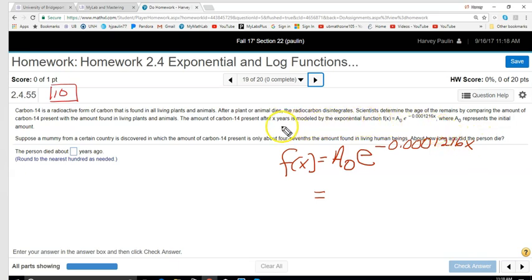So here they're saying that after a certain number of years, it was 4/7 of what was originally there. And then we have this formula. A sub 0 is just the 1, so we take e and this exponent. Now what we're going to do is convert this to its natural log form.